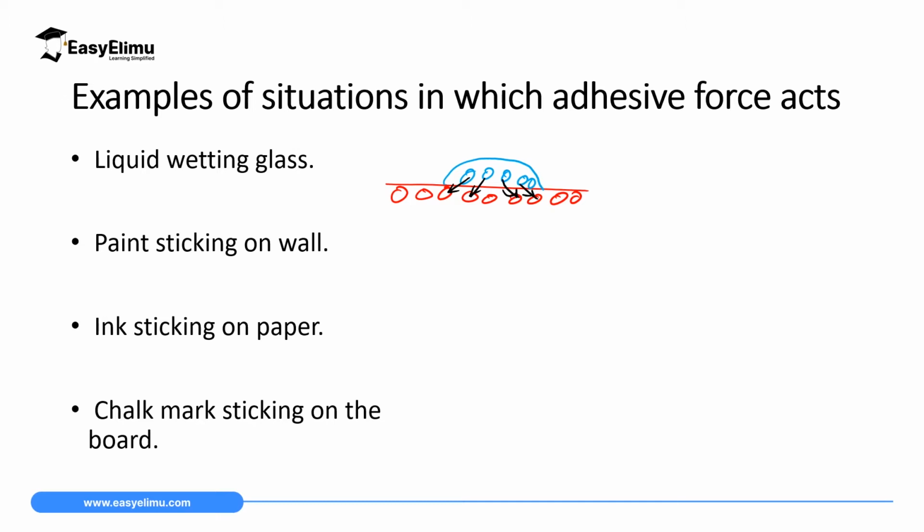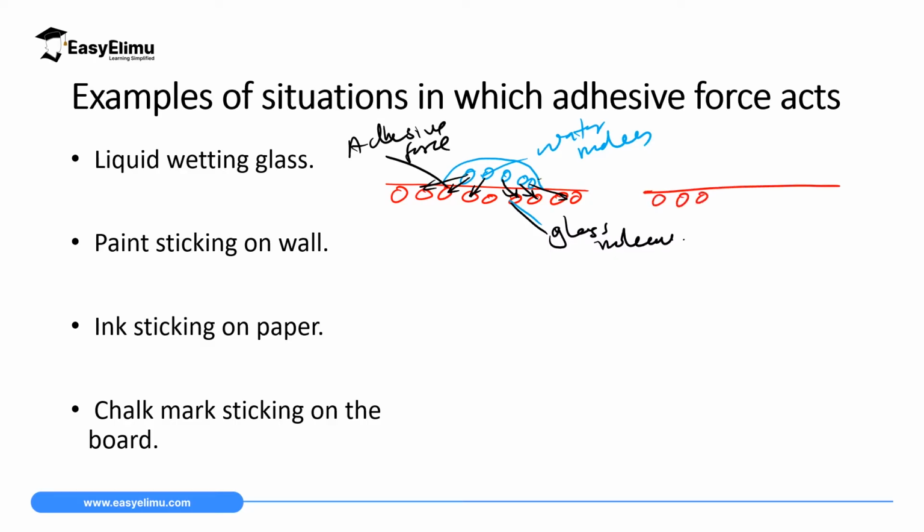In this case, since water can flow, after some time the water molecules will spread. These are water molecules, and this is glass molecules. Since there is a force of attraction which we call adhesive force, a force of attraction between molecules of different kind, after some time the molecules of water will be attracted throughout the glass, and it will look like this.